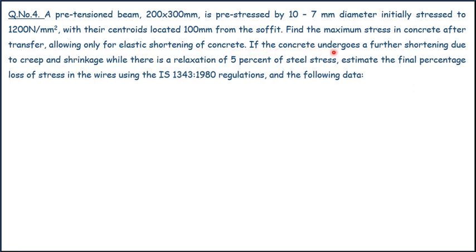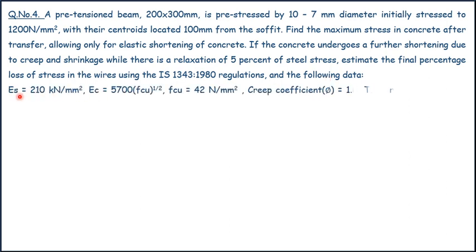If the concrete undergoes a further shortening due to creep and shrinkage, while there is a relaxation of 5% of steel stress, estimate the final percentage loss of stress in the wires using IS 1343-1980 regulations. The following data is given.